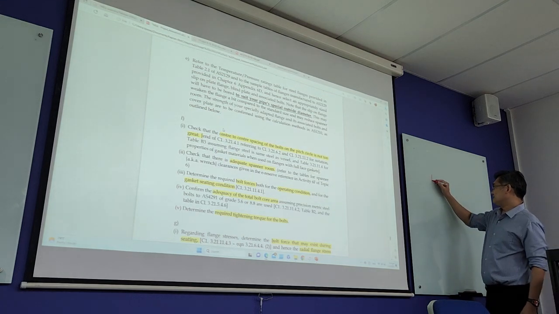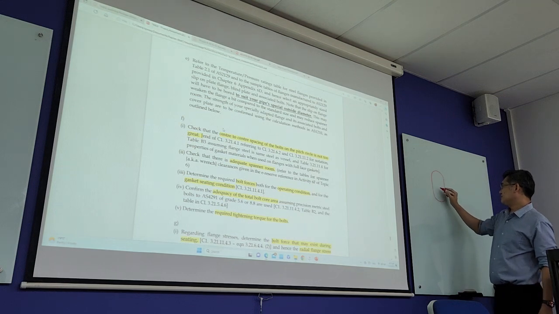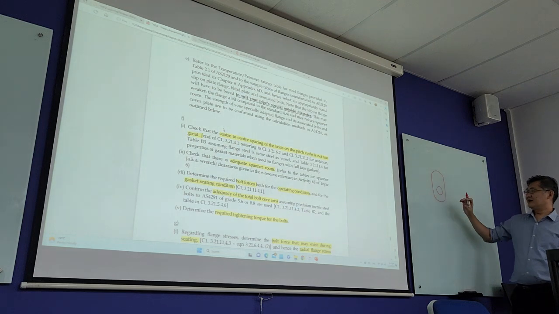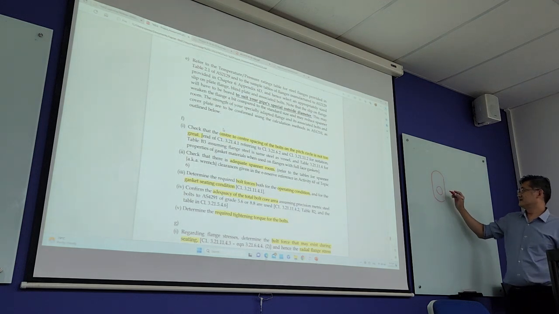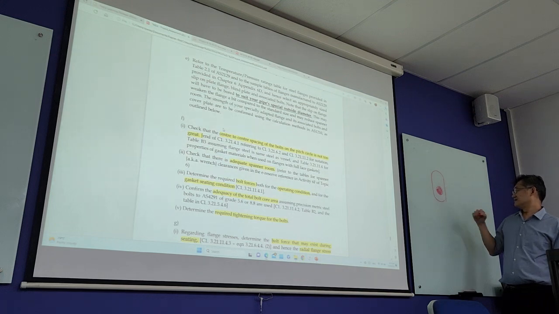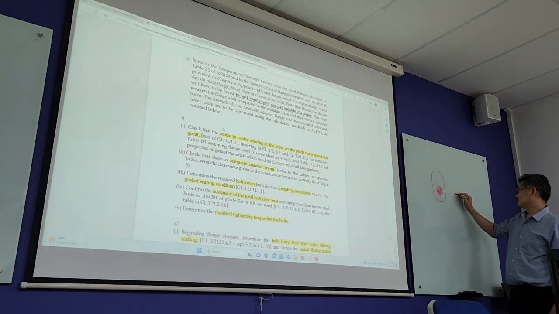So imagine this is our vessel. After you cut the opening, this is your cutaway area. If let's say the side view is like this, after that we have to insert the pipe.